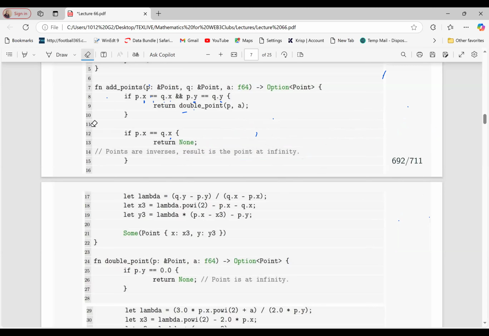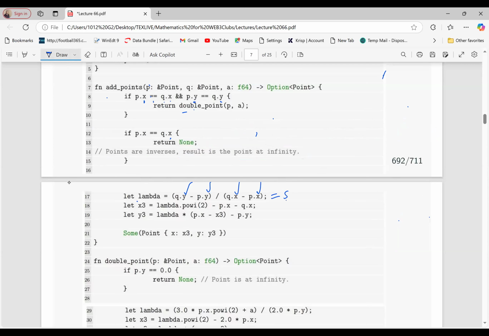Now, you have this other part. This other part is where you're getting the gradient: change in y, the y of q minus y of p, over x of q minus x of p. So this is giving us our s.